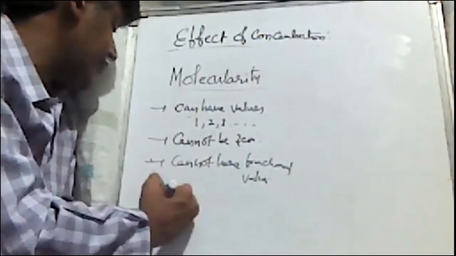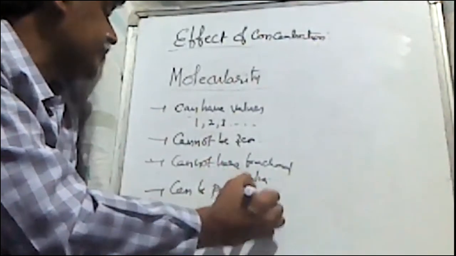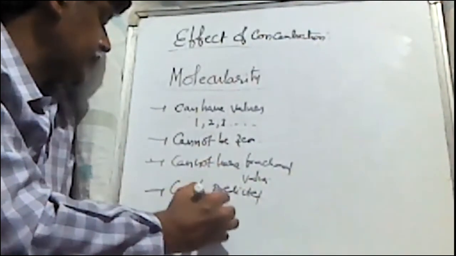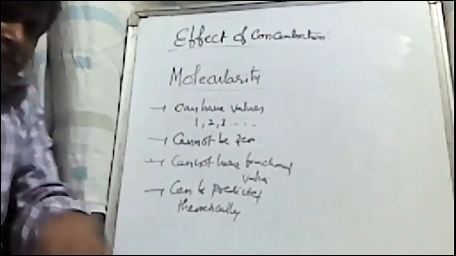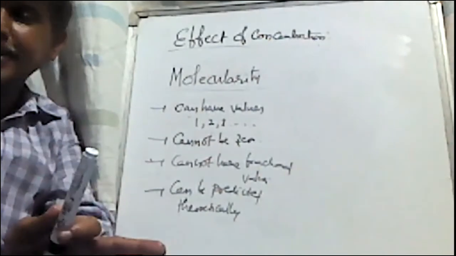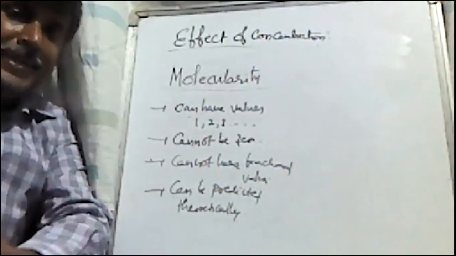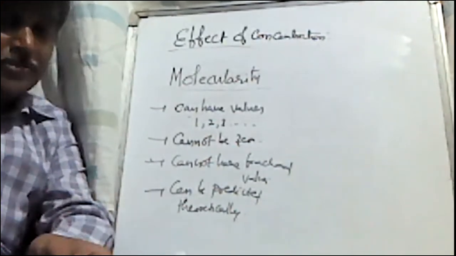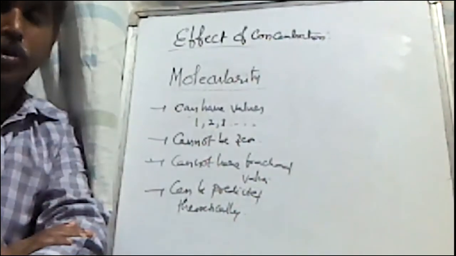It can be predicted theoretically. No need to do any experiment for this. We can simply count how many molecules are present in the reaction. That's why this is called molecularity. These are the 4 points regarding molecularity.